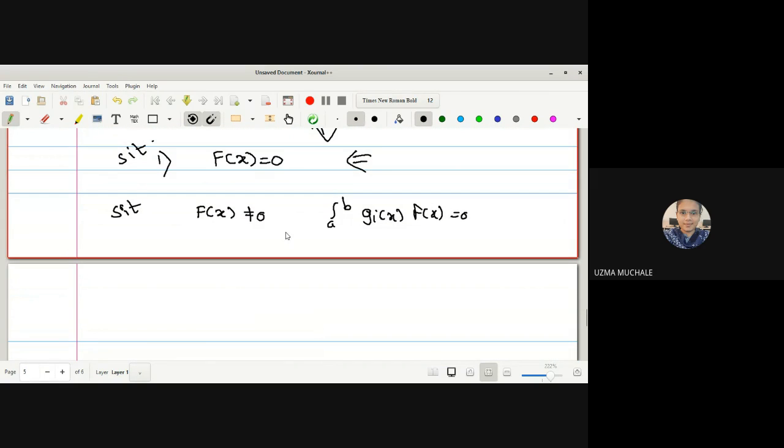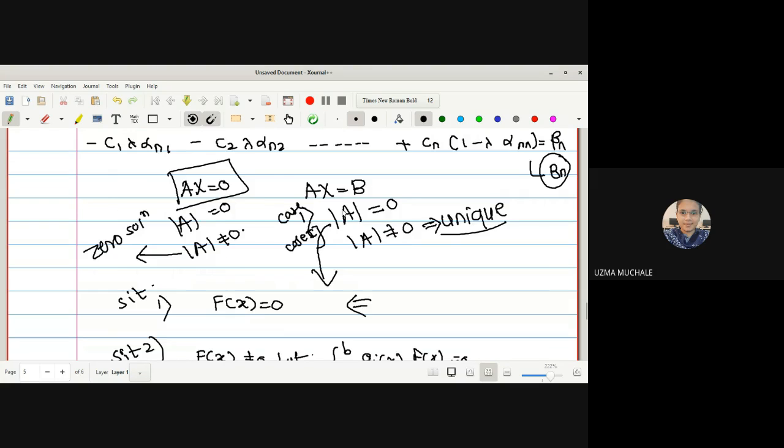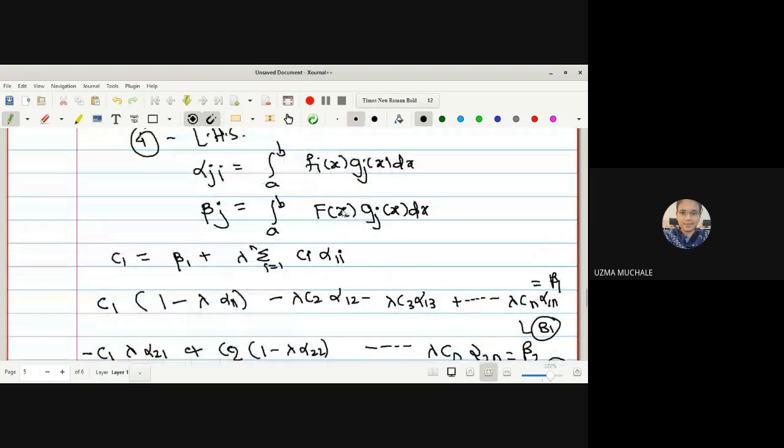Okay, so this is our situation 2, in which f of x is non-zero, but the value of the integration is 0. If the value of this integration is 0, what are these terms? These are nothing but your beta j, right? Beta j is the integral of f of x, gj of x.